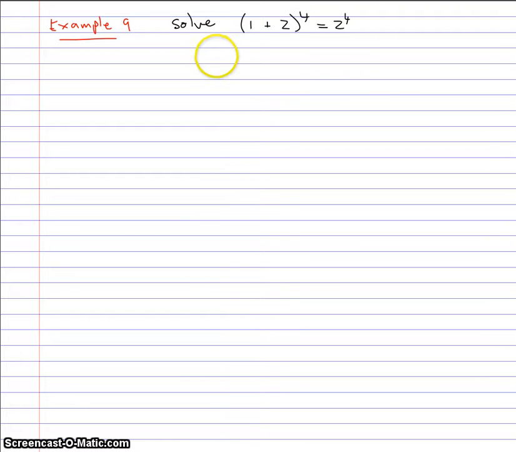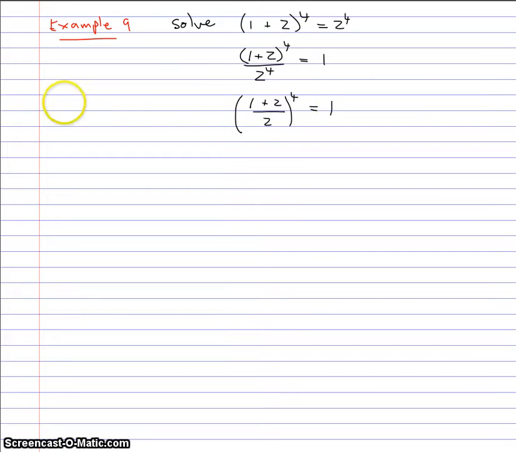If we divide both sides by z to the power of 4, we'll end up with 1 plus z to the power of 4 over z to the power of 4 equals 1. We've got powers of 4 above, powers of 4 below, so we could write this as a single fraction all to the power of 4, and that equals 1.